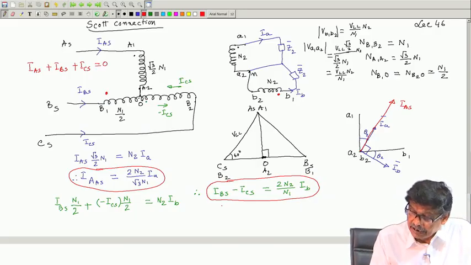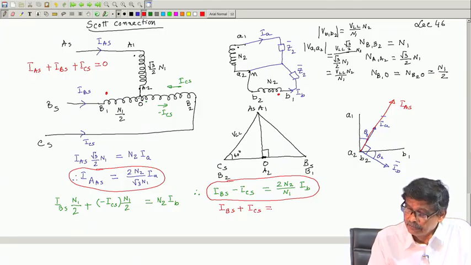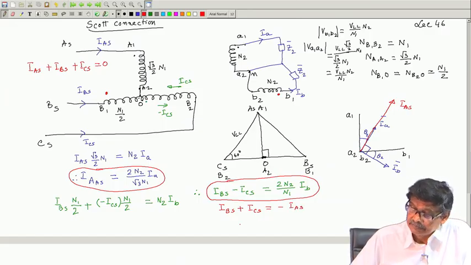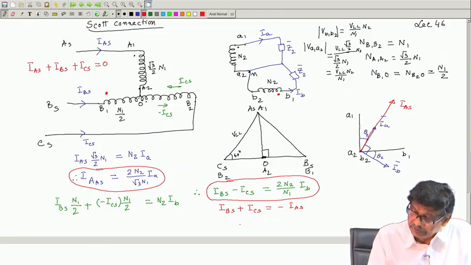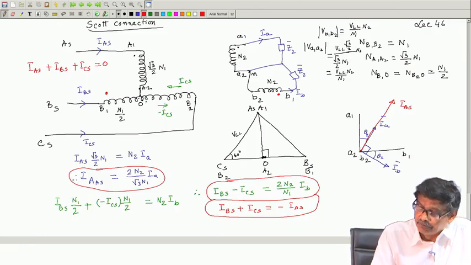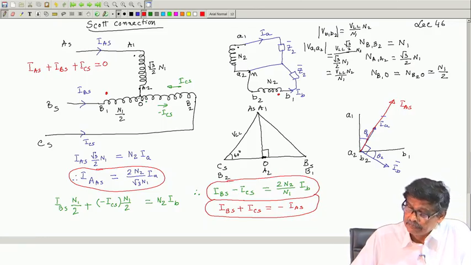Therefore, I get that I B S plus I C S is equal to minus I A S, is it not? That is what I get. So, this is the third equation.